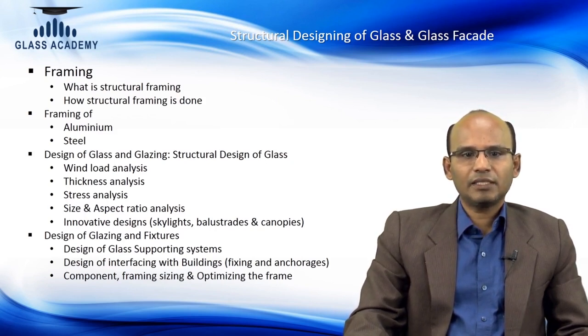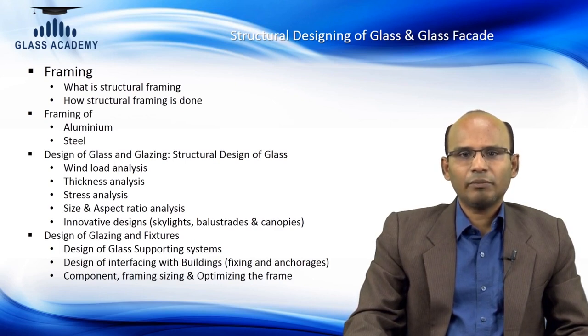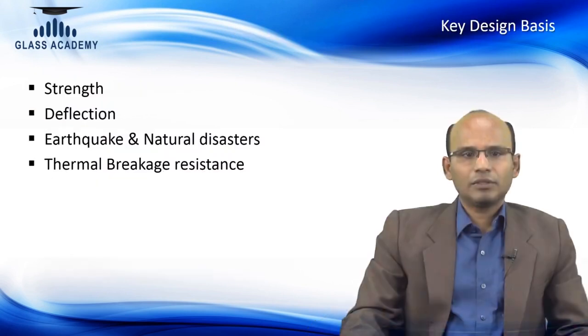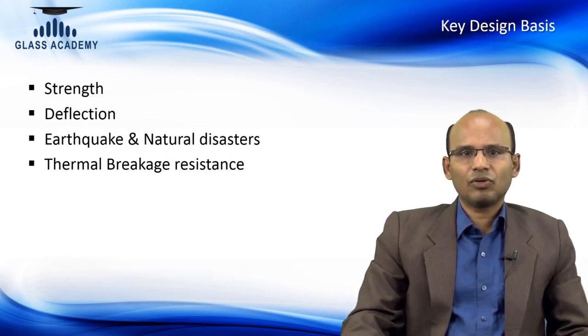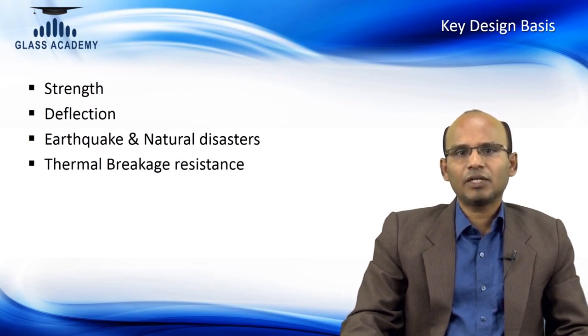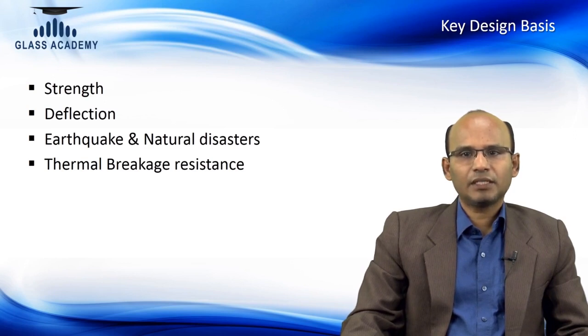And in terms of glazing and fixtures, it's sometimes supported by framing, and sometimes it's supported by just a point fixing. So we should be mindful of how it is supported. The four factors we are primarily checking for a facade design: strength, to make sure it is safe and has an adequate safety factor; deflection, to make sure it is working within serviceability and is safe to accept the deflection; seismic, earthquake or other natural climatic conditions; and building movement.